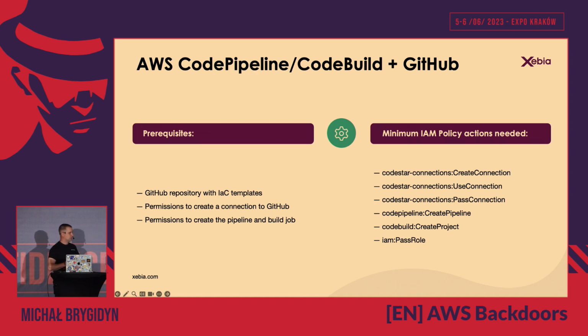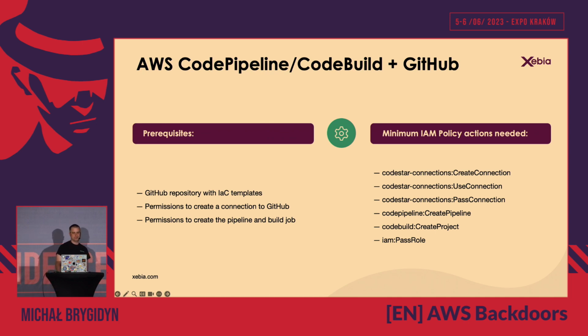Thanks to that, whenever I do a change in my repository that I manage and I have access to, it will trigger CodePipeline on your account, and it will build or modify resources on your account. What's needed? We need CodeStar connections to create a connection with GitHub, the external connection. You need to be admin on both CodePipeline and the GitHub organization to create that connection.